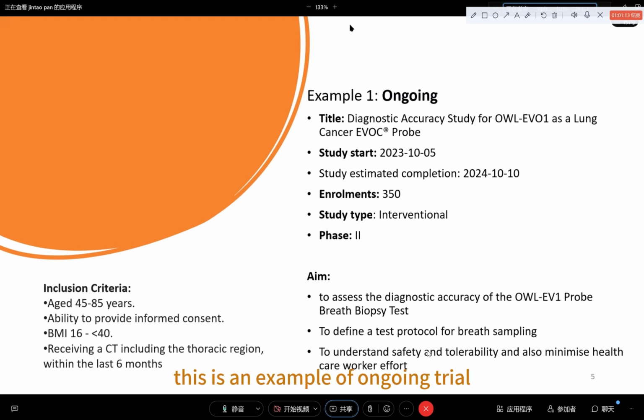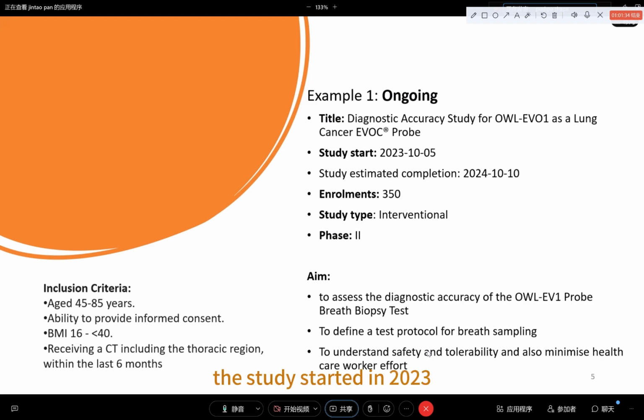This is an example of an ongoing trial, which is in phase 2. The title is Diagnostic Accuracy Study. OWL is the sponsoring company and EVO1 is their product for lung cancer.